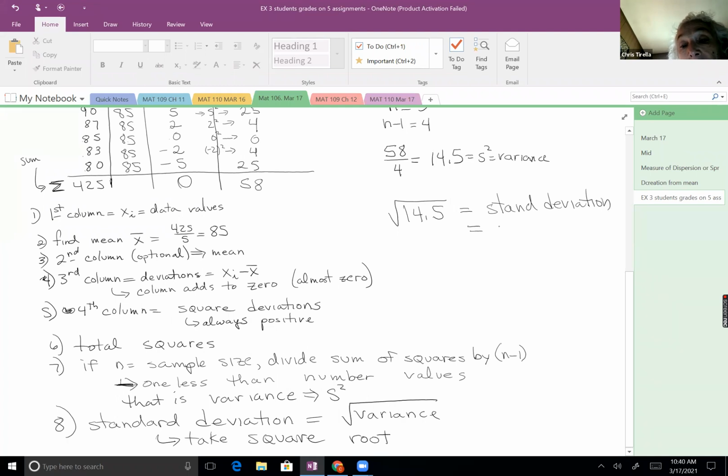And the standard deviation is usually abbreviated with just an s. And so the square root of 14.5 is approximately 3.8. And so that's my standard deviation. Does it make sense that we have to square them to make them positive, but squaring them made them big? So at the end, we have to take the square root.